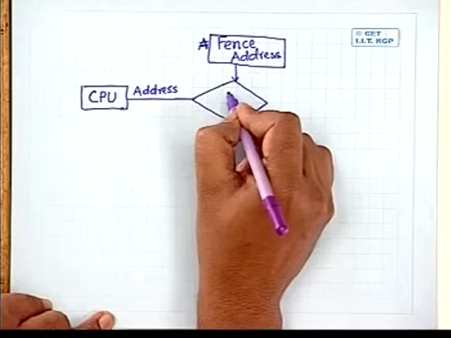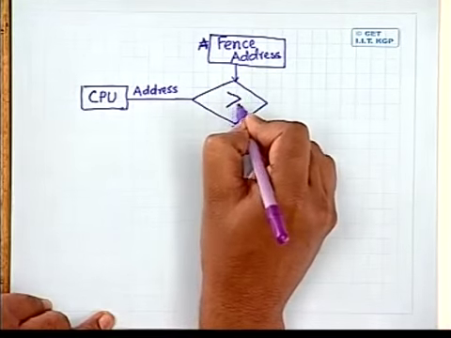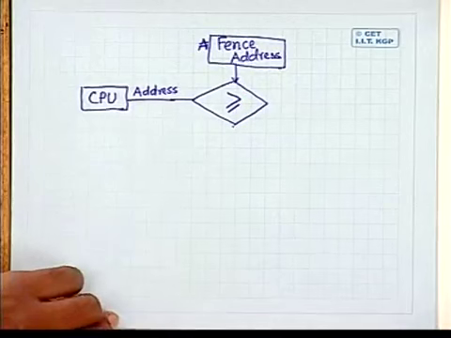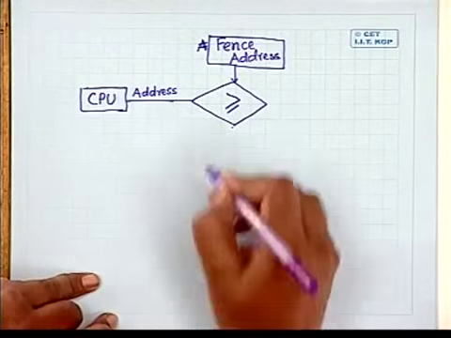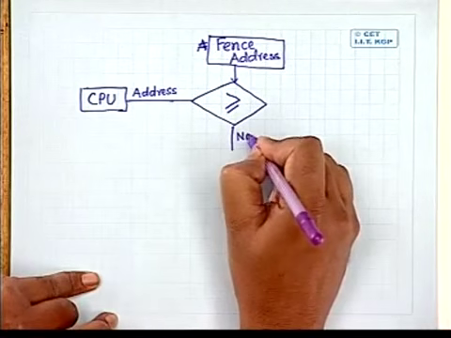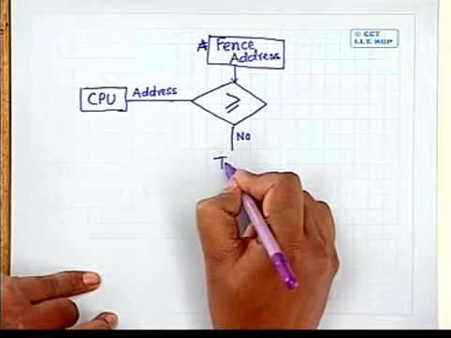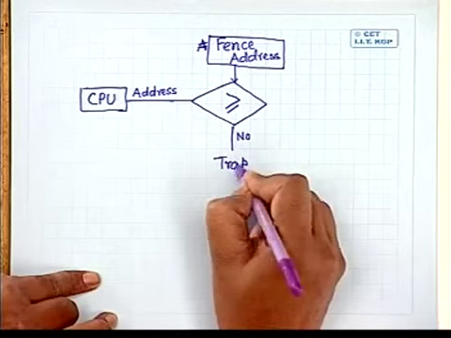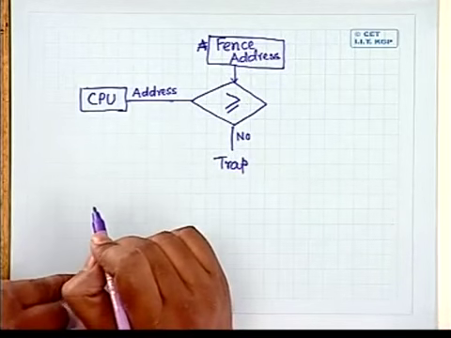This comparator will check whether the address generated by the CPU is greater than the fence address or not. If it is not greater than or equal to the fence address, in that case there will be an interrupt and the user program will be terminated.